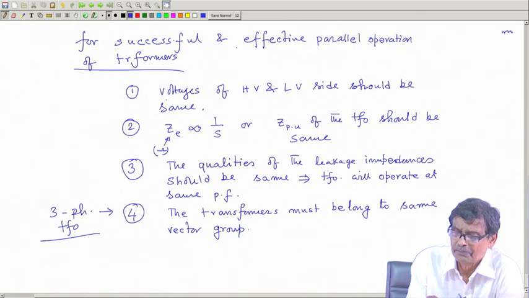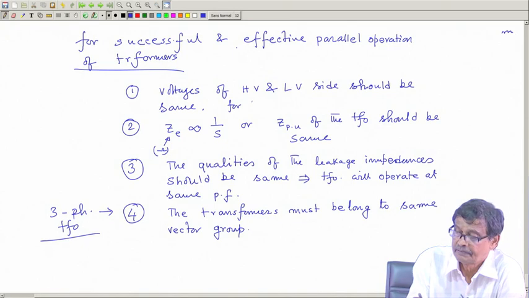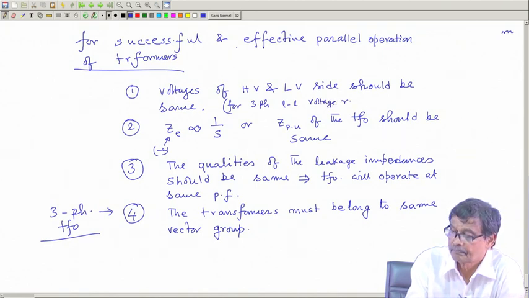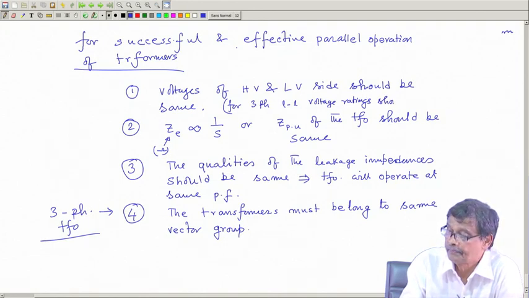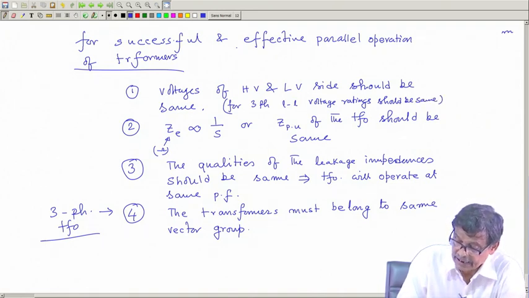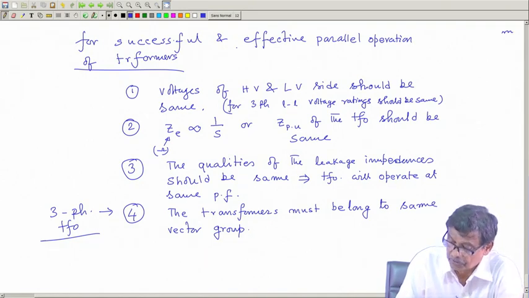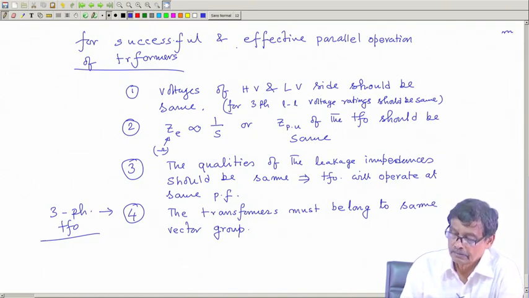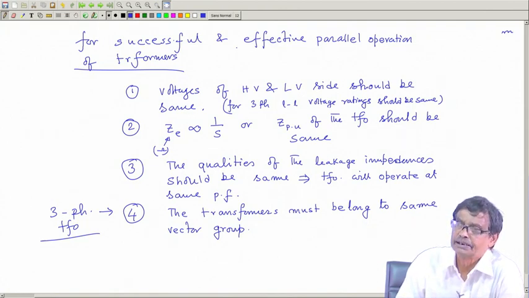Here I have written simply voltages of HV, LV side should be same. For 3-phase, line to line voltages should be same, voltage ratings. Got the point? Line to line voltage ratings are same, and then I am telling the transformers must belong to the same vector group, that is plus 30 degree or minus 30 degree and so on.